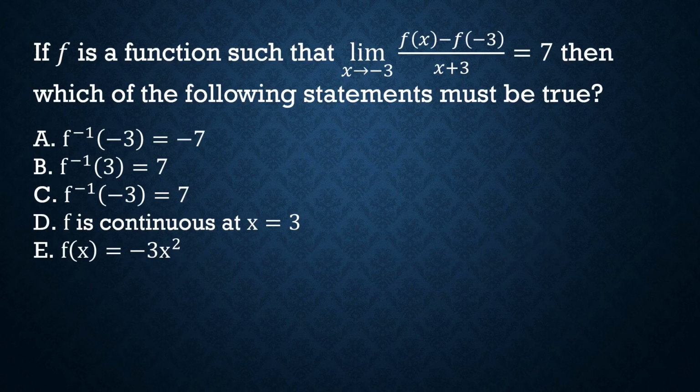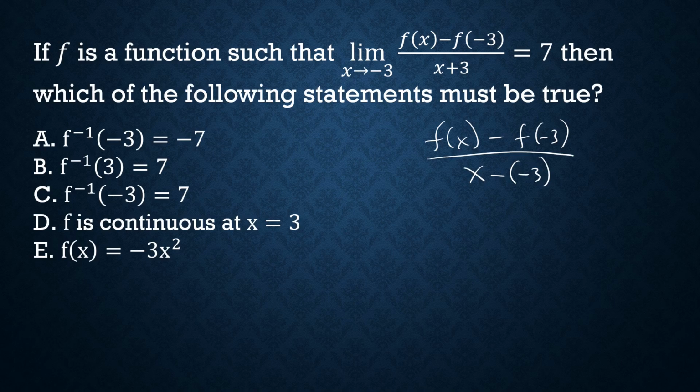So this question says, if f is a function such that the limit as x approaches negative 3 of f of x minus f of negative 3 over x plus 3 equals 7, then which of the following statements must be true? So if we look at this, we have f of x minus f of negative 3 over x plus 3, so that's really x minus the negative 3. So this is our definition of a derivative.